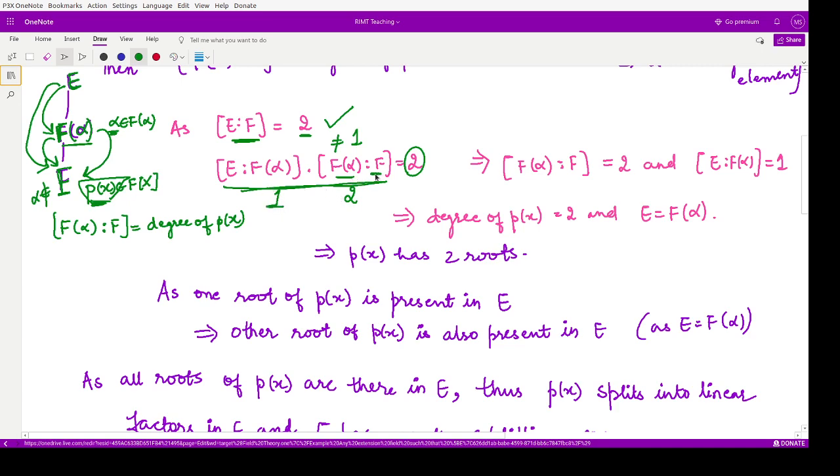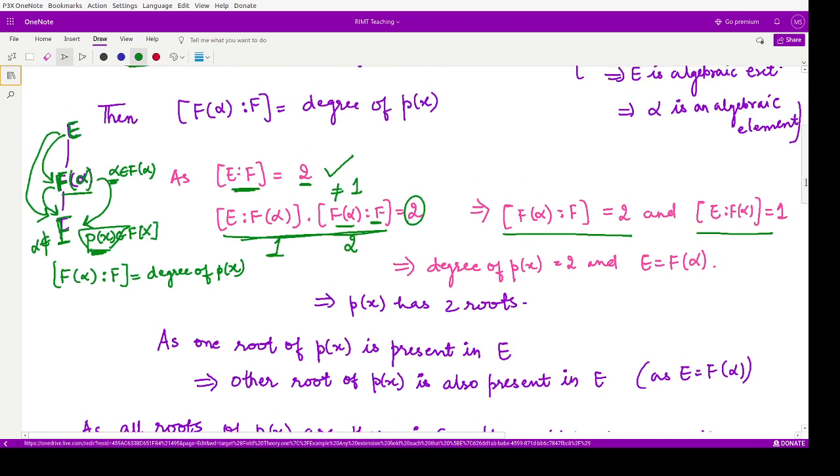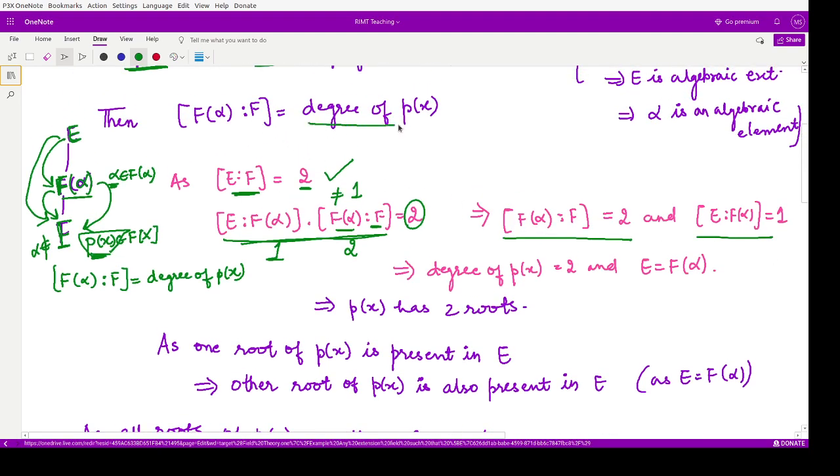So this degree is 2 and this degree is 1. The degree 2 is the degree of the minimal polynomial P(x). That means the minimal polynomial P(x) has degree 2, so P(x) has 2 roots. Another piece of information we got is that the degree of E over F(alpha) is equal to 1. If the degree is 1, then they are nothing but the same extension fields.